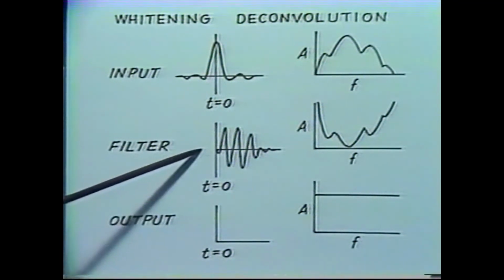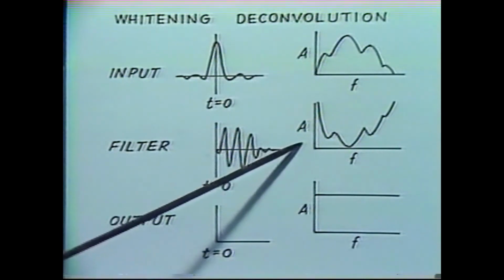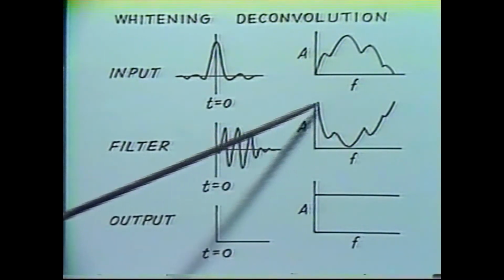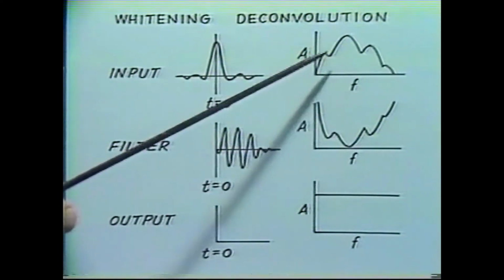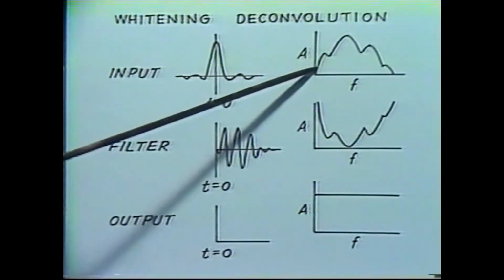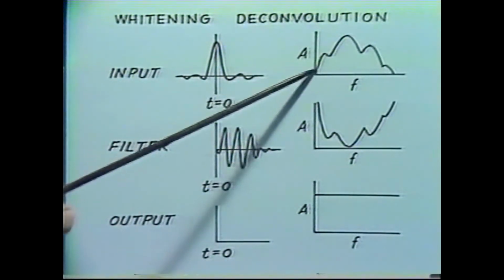The inverse filter design for whitening deconvolution is very similar to what we saw in Designature, in that the amplitude spectrum of the filter is essentially the inverse of the amplitude spectrum of the wavelet we wish to remove.